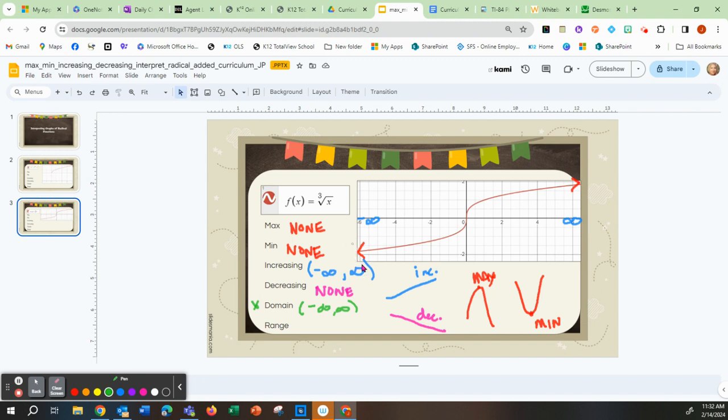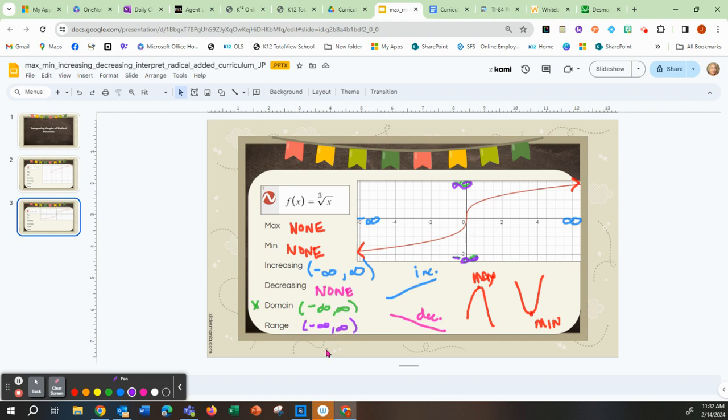This graph is going down forever, so our y values are going down to negative infinity. It's going up forever, and so our y values are going to positive infinity, and there are no breaks anywhere in between. So our range is going from negative infinity to positive infinity.